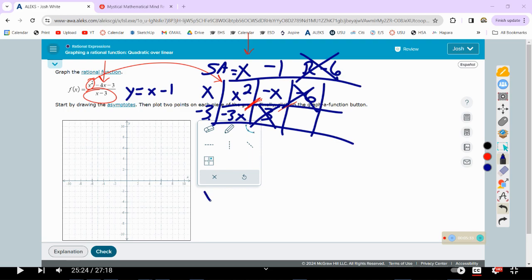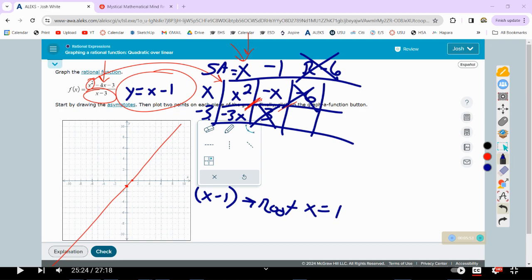So x minus 1 was our factor, which told us we had a root at x equals 1. This is the equation y equals x minus 1. It's a line. So we go down to negative 1, and we go up 1 over 1, and we draw this line.